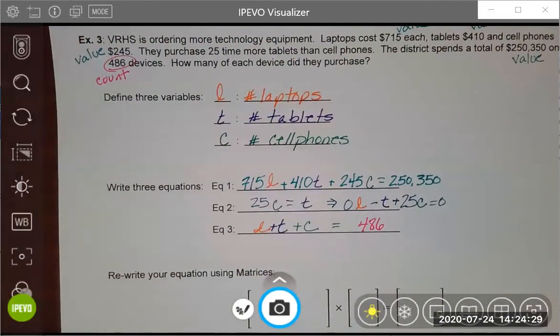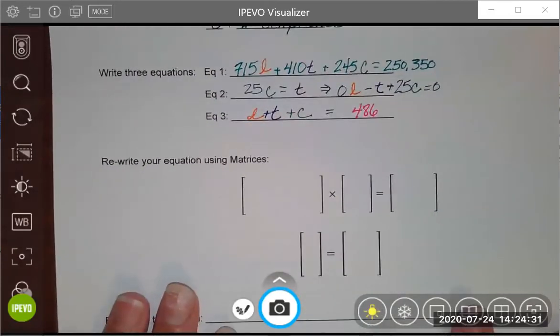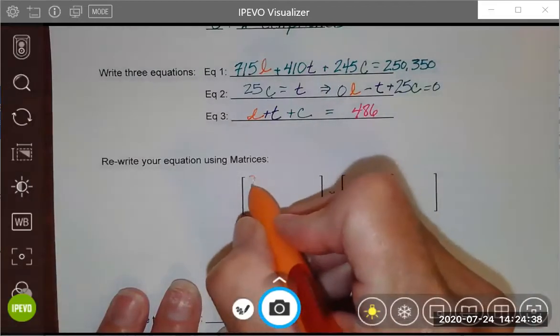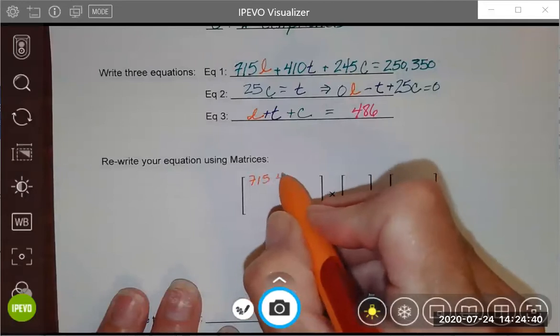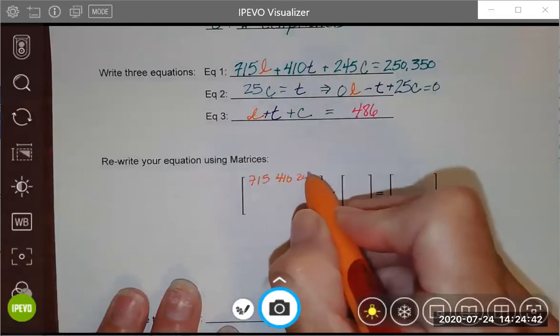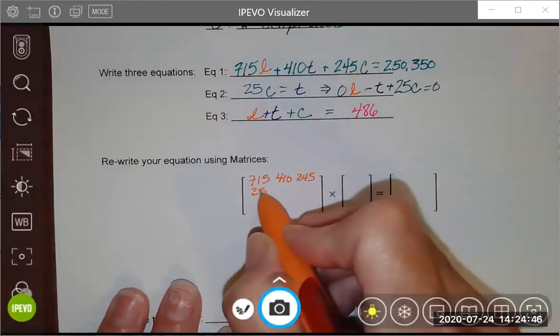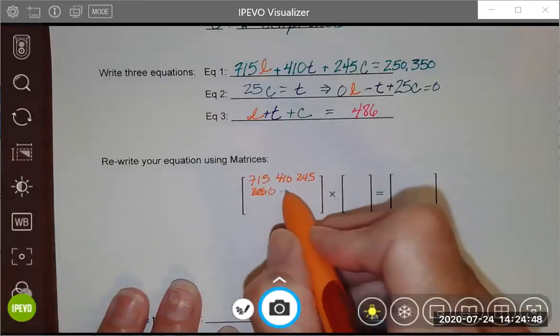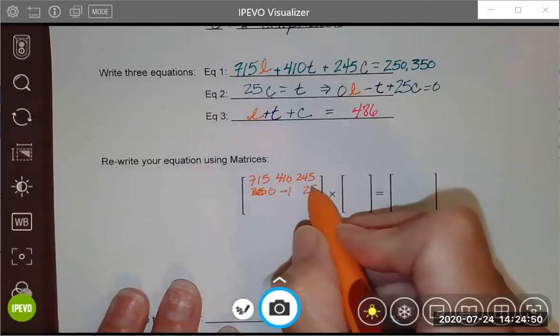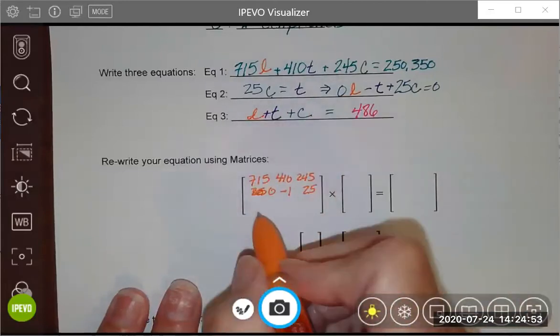Okay, so now I'm ready to write a matrix using my three equations. If I write them all out, I'm just going to pay no heed to the color, it means nothing anymore. I'm being consistent with our previous problems. Oh, I lied. This is 0, this is -1, and this is the 25. See, I started putting that one in instead of my standard form.